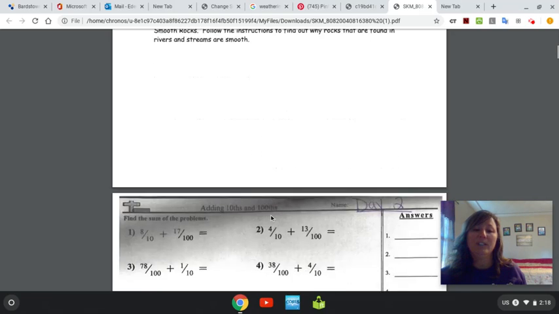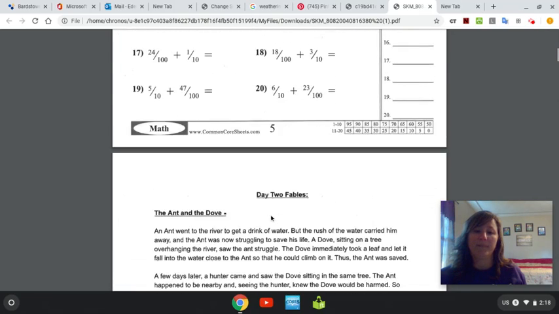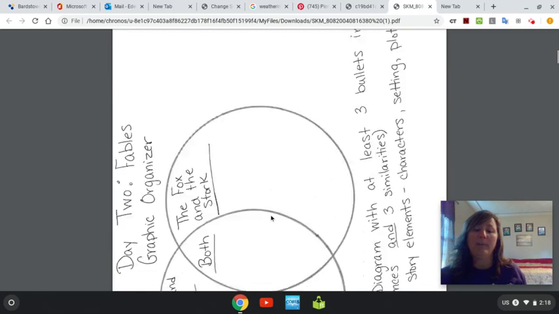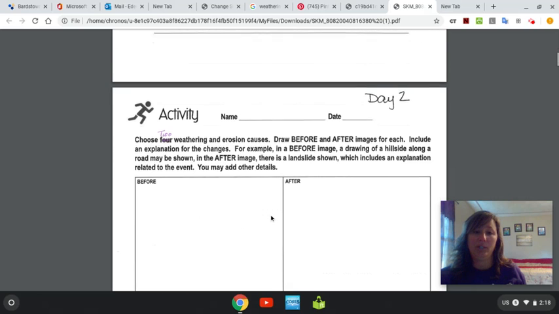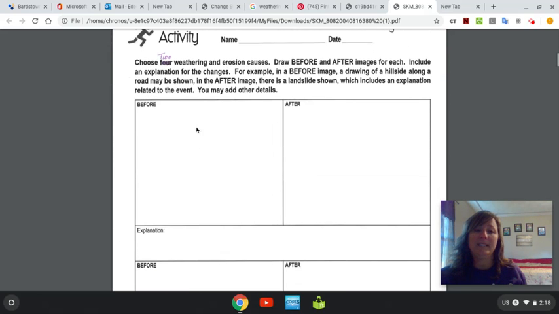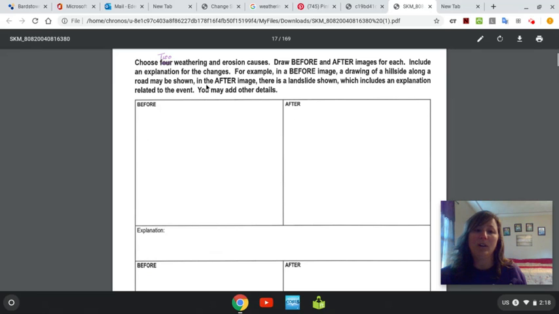So what you're going to do on this one, you're going to draw a before and after picture. So let's say choose 2 weathering and erosion causes. So the before picture would be here, and we've kind of done something like this in class, so you guys are ahead. And then the after picture would go there.